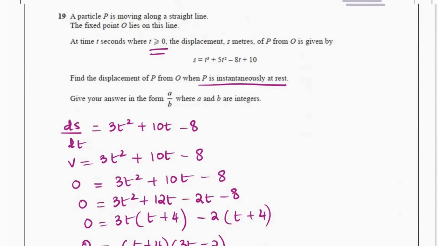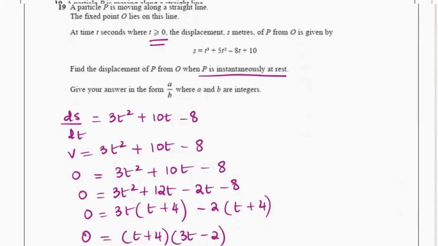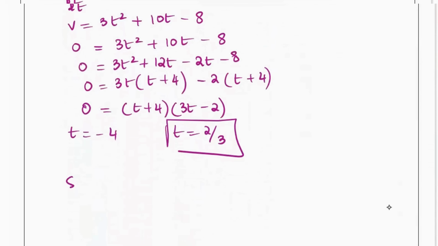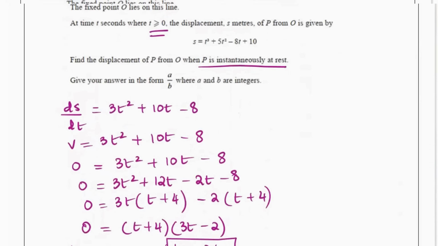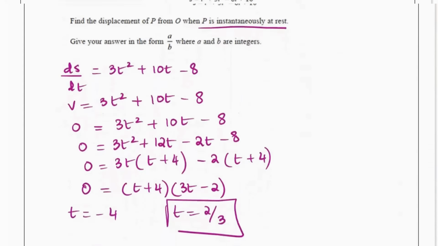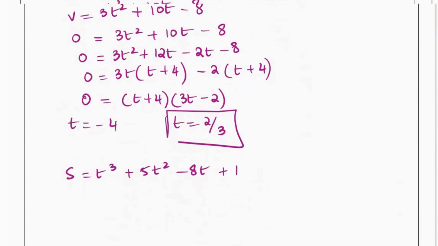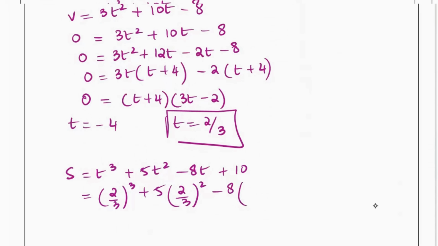So we put this in the displacement function. s equals t cubed plus 5t squared minus 8t plus 10. So t is going to be 2 over 3 cubed plus 5 times 2 over 3 squared minus 8 times 2 over 3 plus 10.